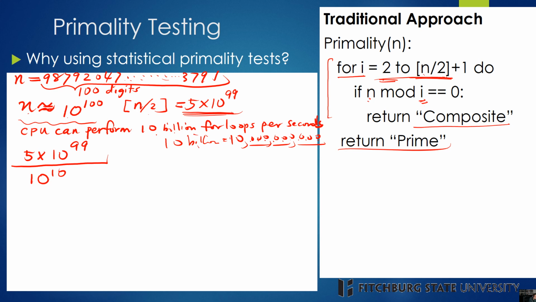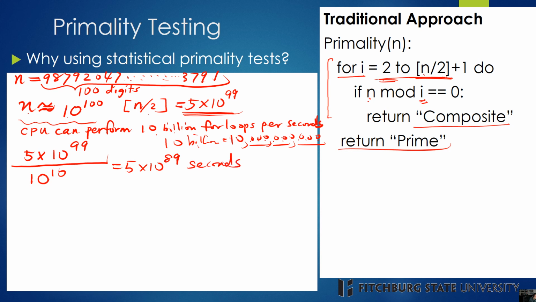So that's the total number of loops I need to perform. That's the total number of loops I can perform in a second. So this gives you the total number of... right?